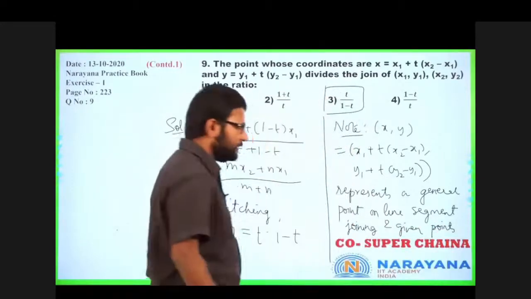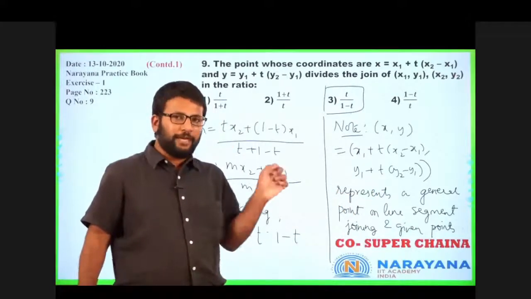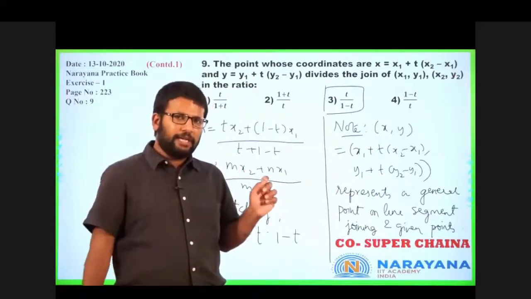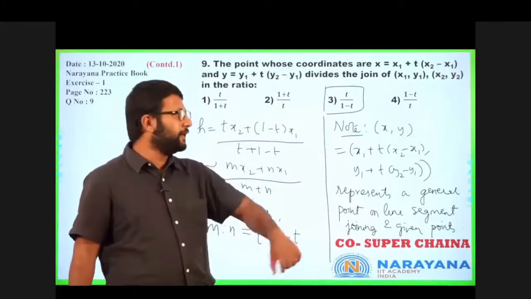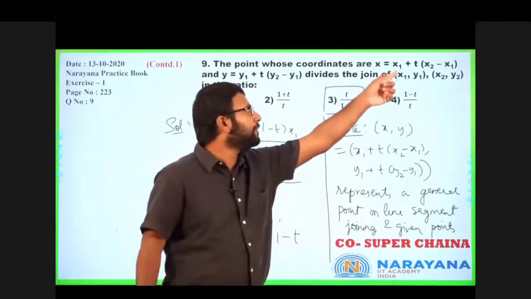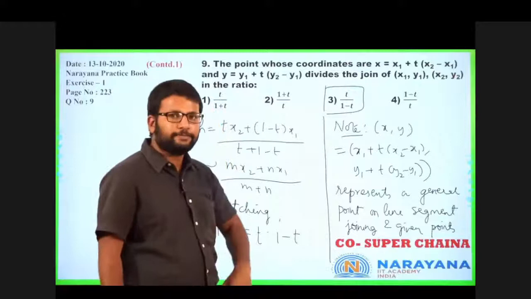Okay, so now the question is, if it gives me points between 2 given points, can it also give the endpoints? And yes, you will realize that if I put t equal to 0, you will just get x1 and y1, correct?